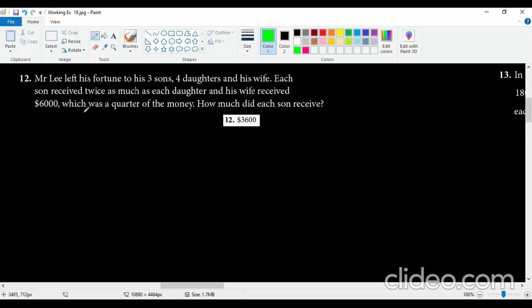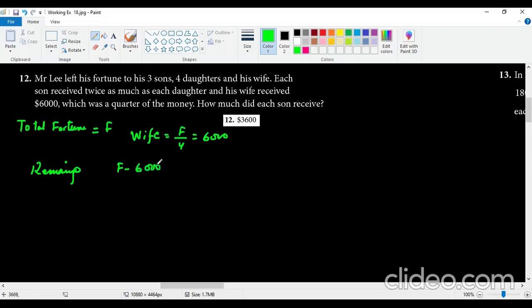So let's suppose the total fortune is F. Total fortune equals F, and the wife's share was fortune divided by 4, which was 6,000, and the remaining fortune is fortune minus 6,000. So keep this equation in your mind.